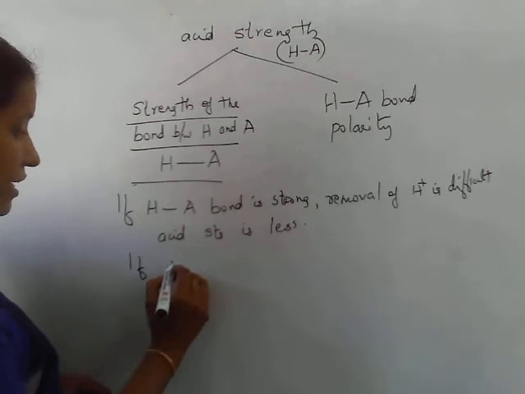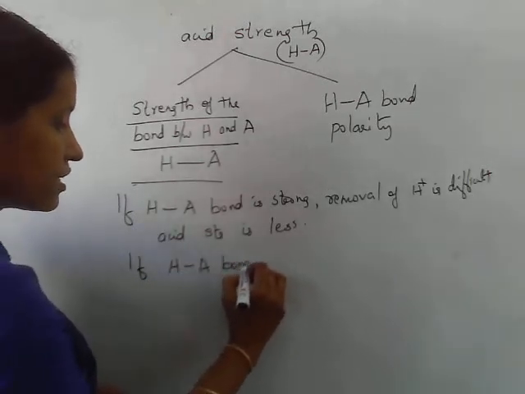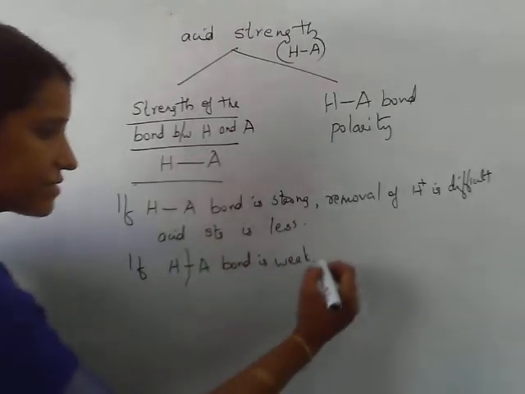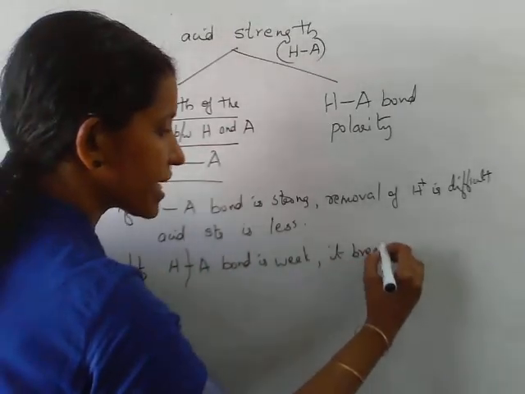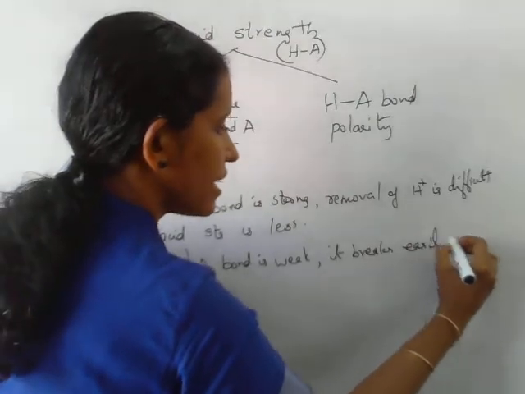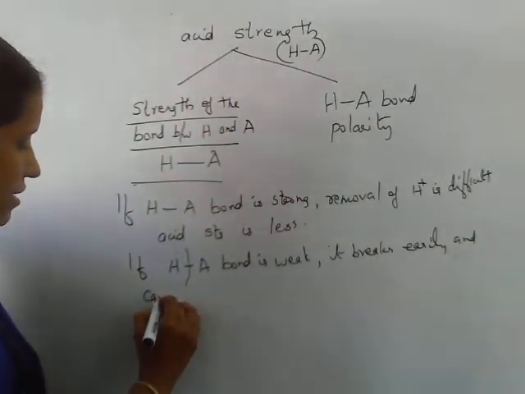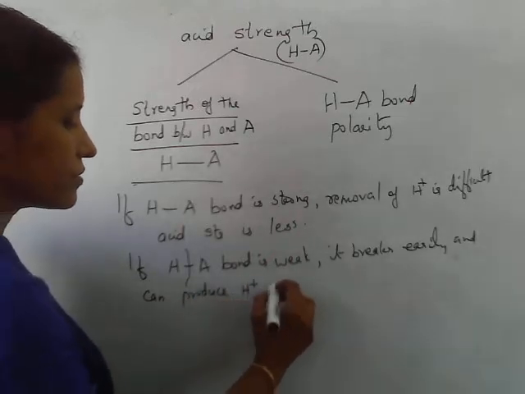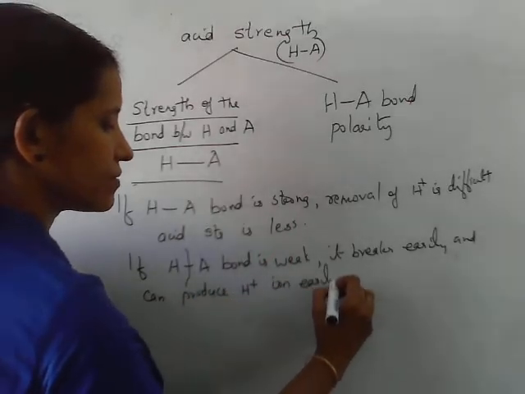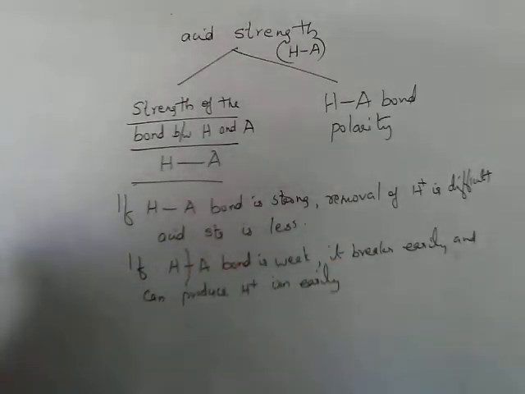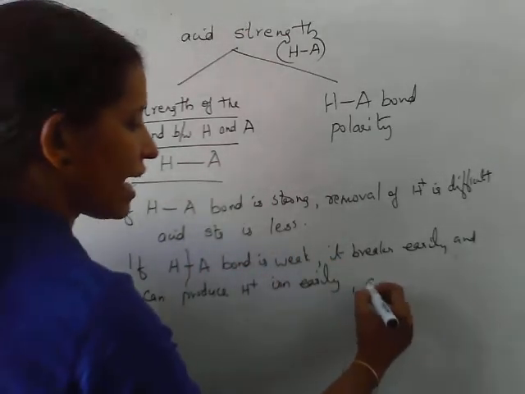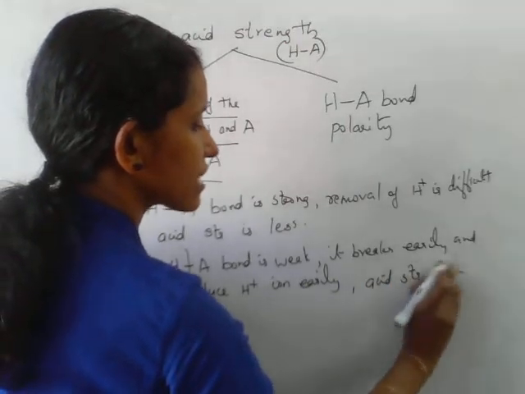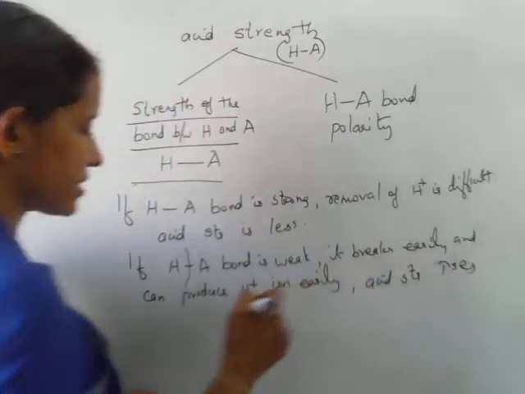If HA bond is weak, it breaks readily. The bond breaks easily and can produce H plus ion easily. Removal of H plus ion is easy now. That means acid strength is higher, or acid strength increases. Means strong acid.